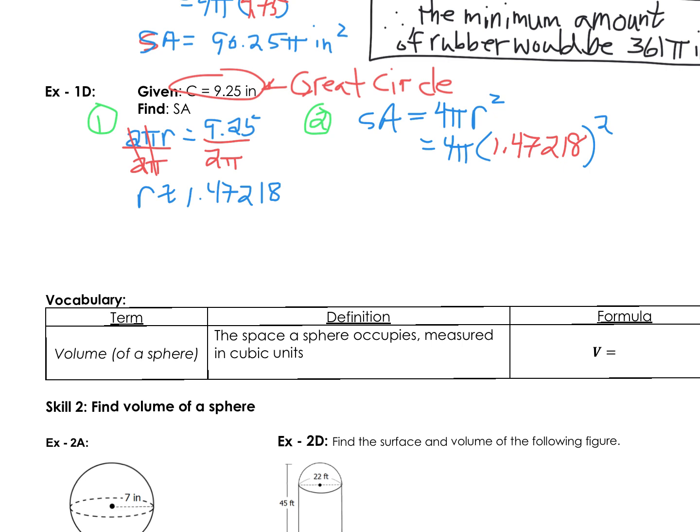And then I get surface area is equal to 8 point, and I'm going to round to 2 decimal places, so it's 8.669. So since I'm rounding to 2 decimal places, behind my second 6 is a 9, so I'm going to bump that 6 up to a 7, which means this is now approximately equals, and then pi, and then inches squared.